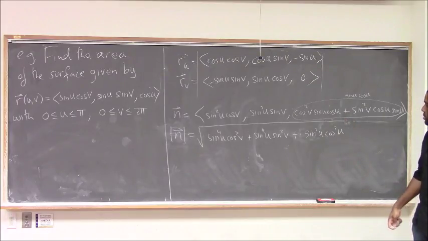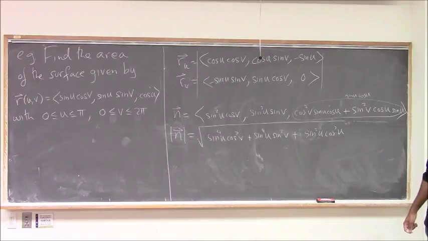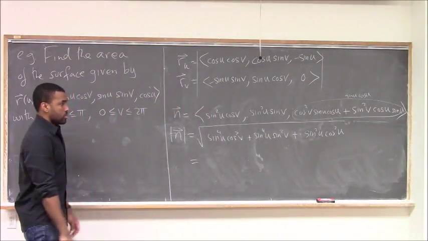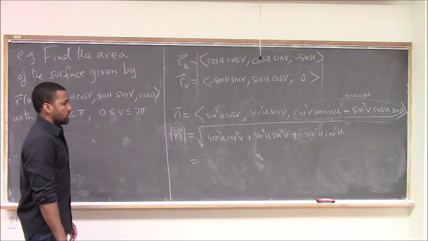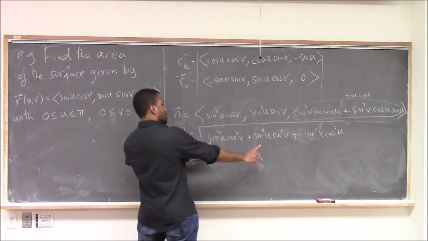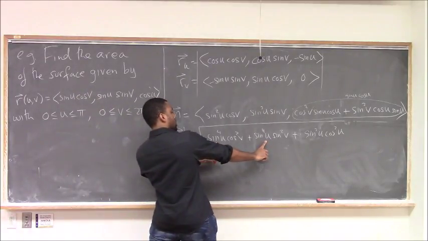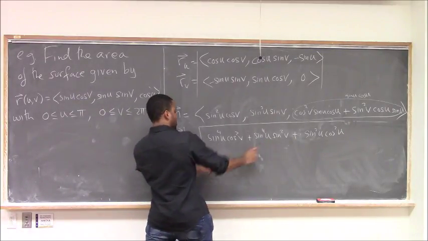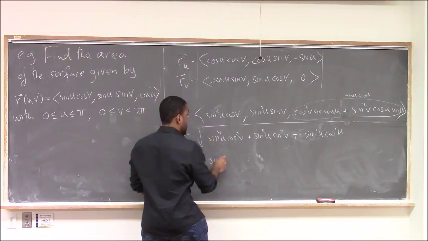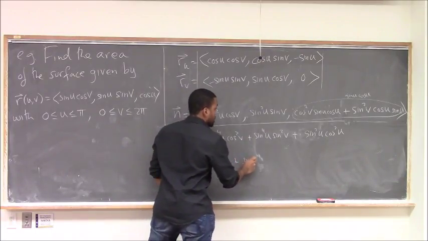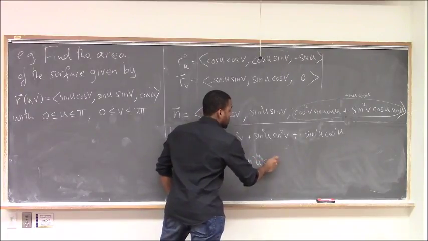A little bit nicer. Can we simplify anything else here? What else can we do? Cosine v and sine v, the same. So that's just sine to the 4th of u, plus sine squared u cosine squared u.